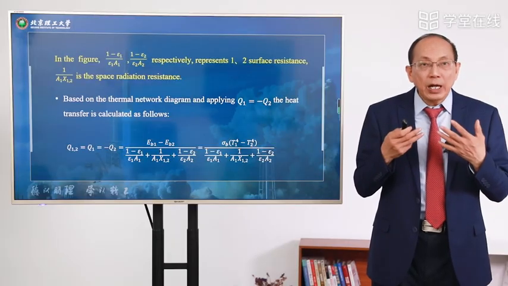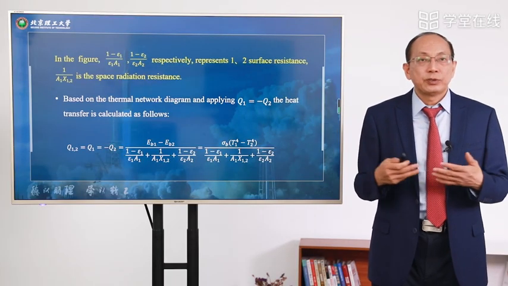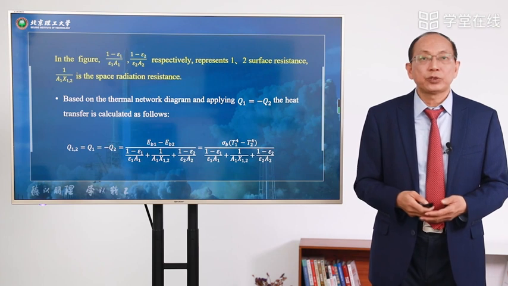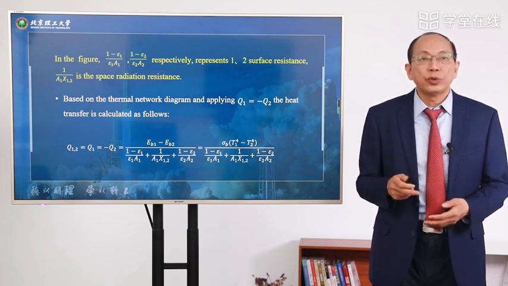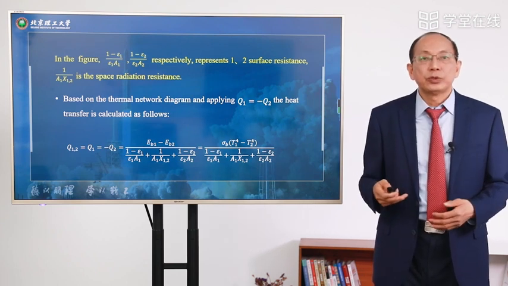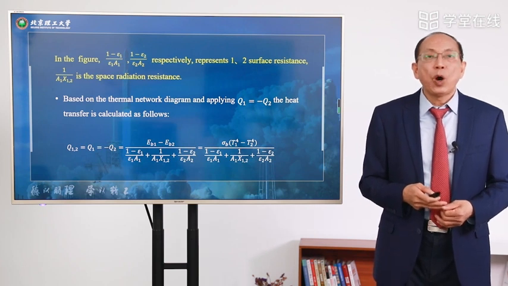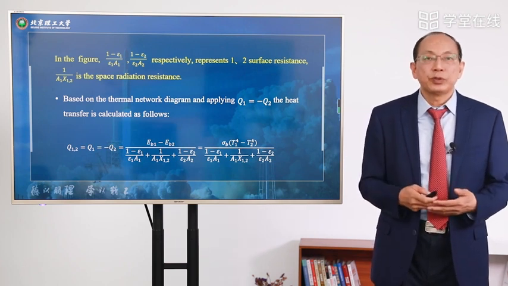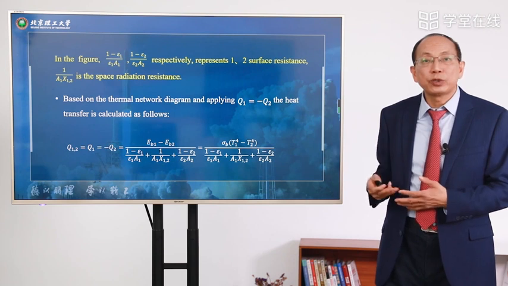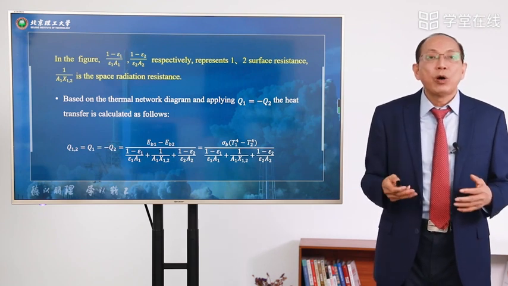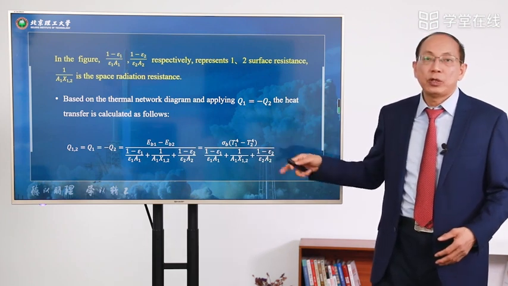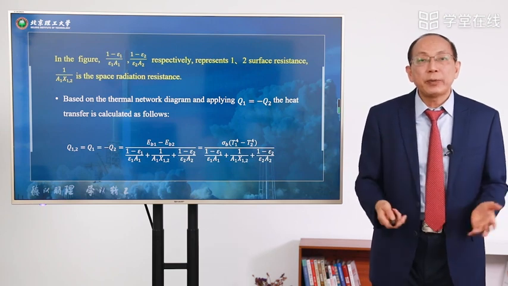Okay, when we understand the resistances, we can calculate the heat exchange. Q1 to 2 equals Q1, which also equals minus Q2, which equals EB1 minus EB2 over the total resistance. So we obtain this equation. It's a very typical equation. I hope all of the students can remember these equations, because this system is very typical.